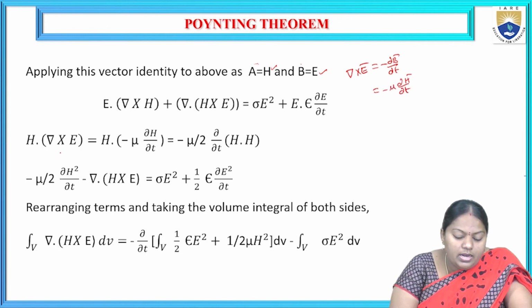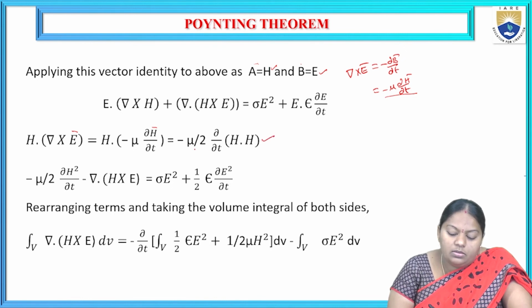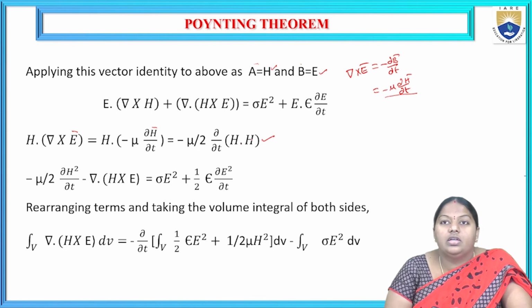Right? So del cross E, if you substitute del cross E by this relation minus mu into dou H bar by dou t, then minus mu by 2 dou by dou t h square. Why? Because if you are expanding this equation, then the resultant will be minus mu by 2 dou by dou t into h dot h.